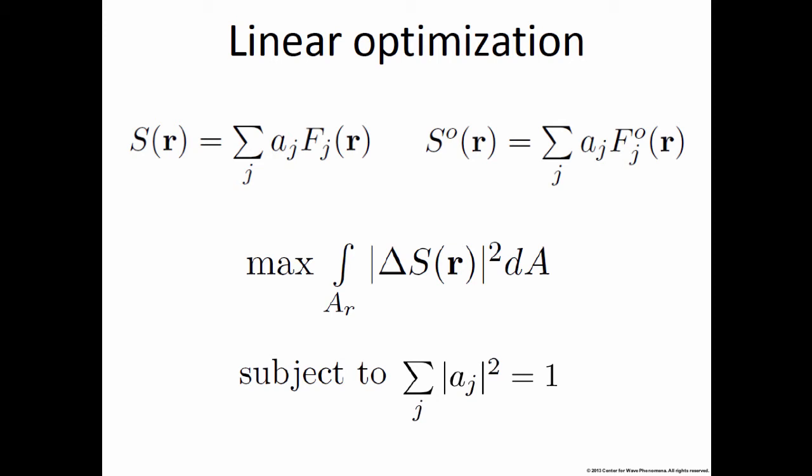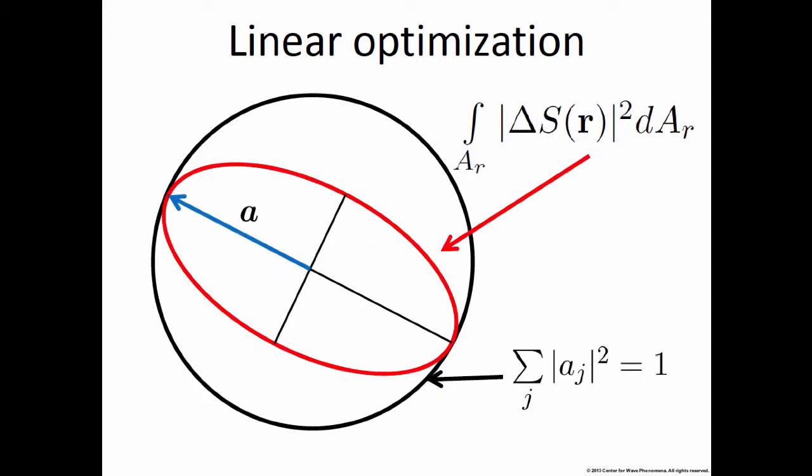Another way to describe this optimization is pictorially, and this also describes how we solve this problem. Our constraint on A sub j is equivalent to the equation of a sphere, and the difference, which is what we want to maximize, is the equation of an ellipse.